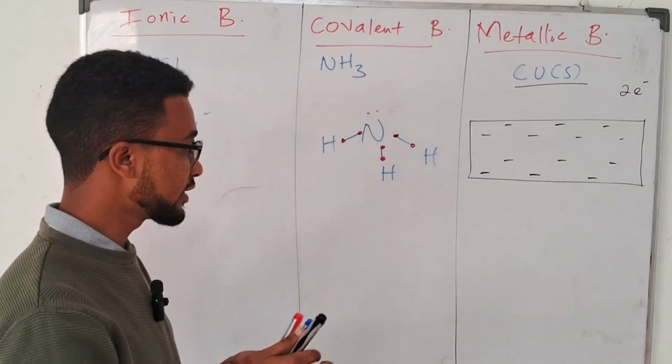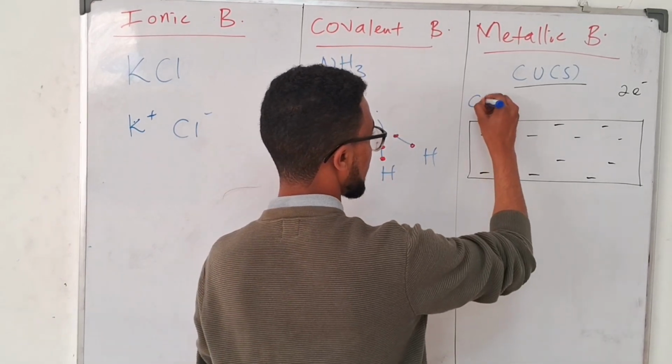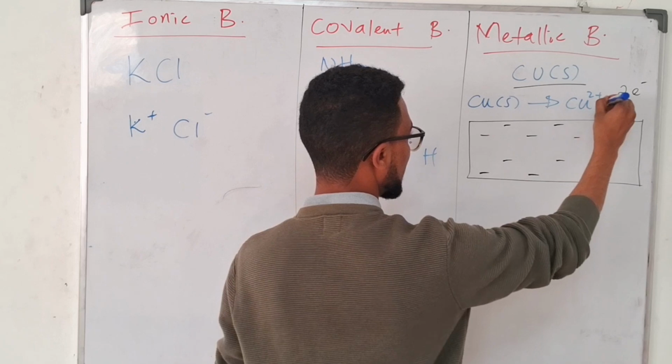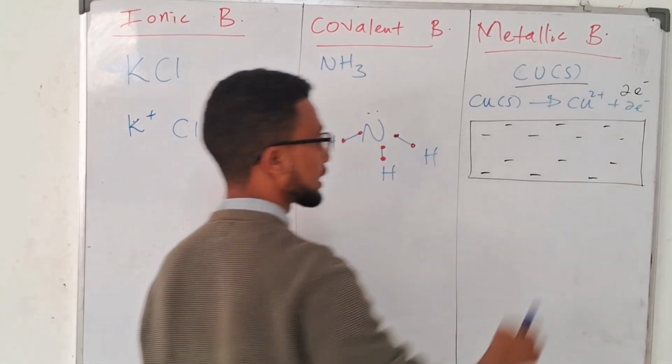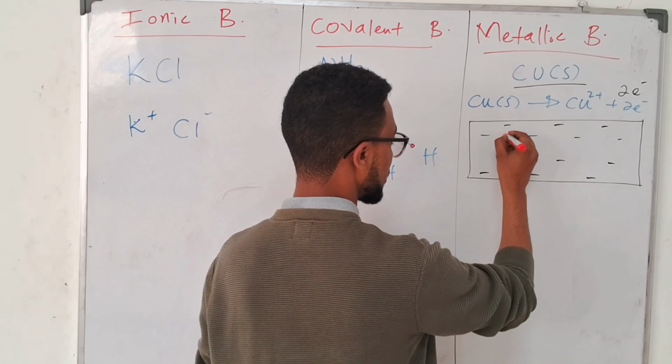So that the positively charged ions, copper, after losing 2 electrons, will be copper 2 plus, so that these 2 plus ions will be represented by a positive charge here, okay?